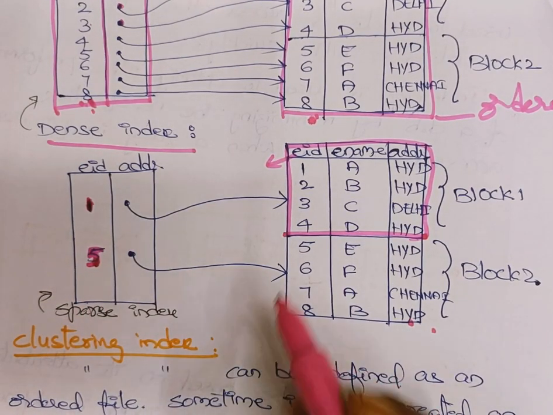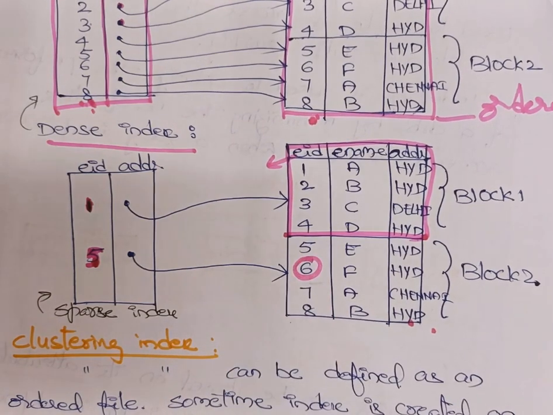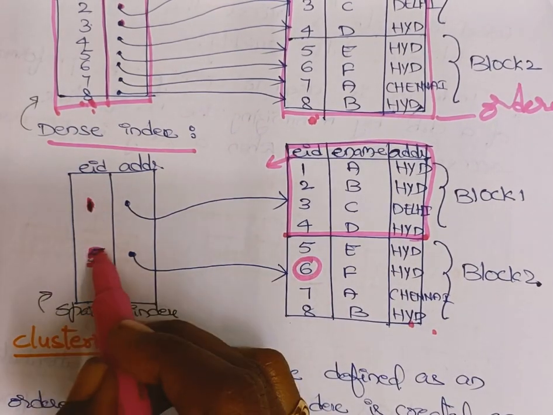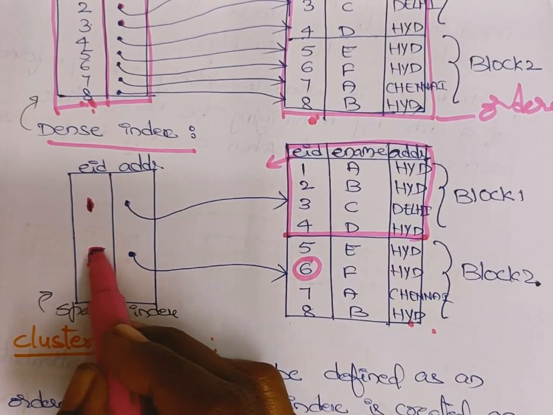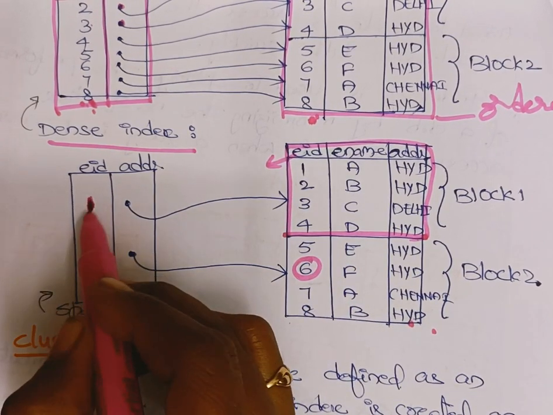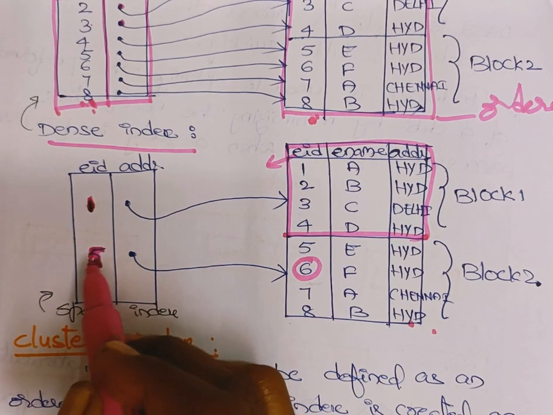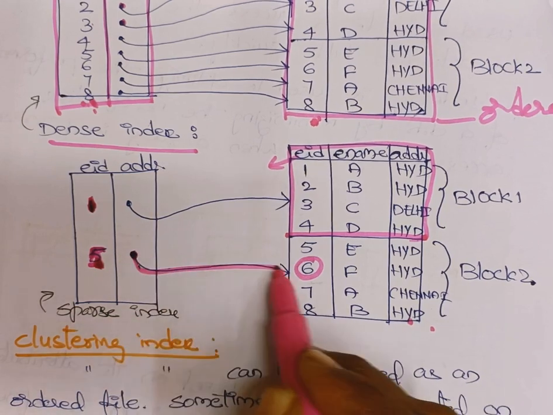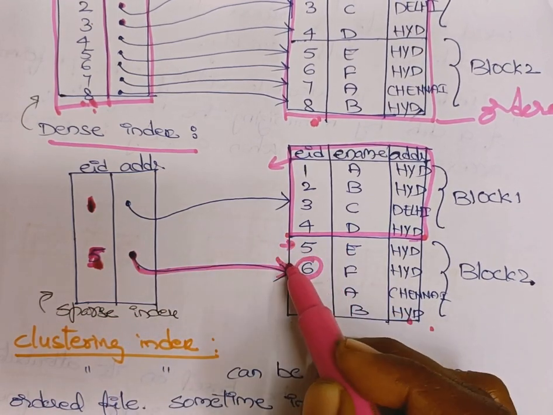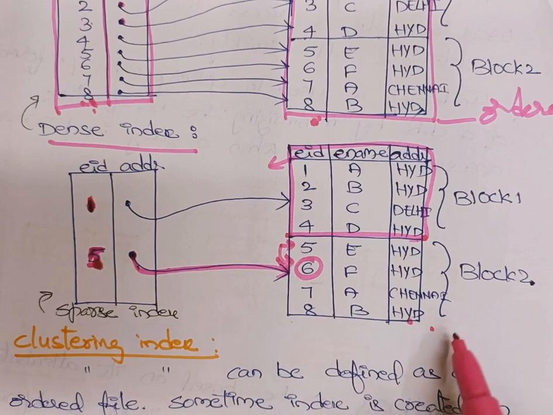If you want to check the 6th employee ID, obviously 6 comes after 5, so it will go to employee ID 5. Again 5 points to this block. Since 5 is not matching, it checks 6 and so on.